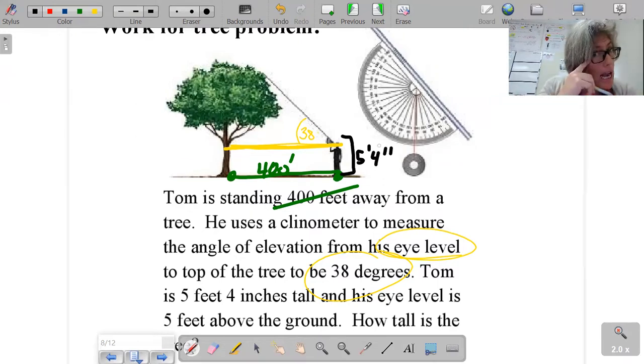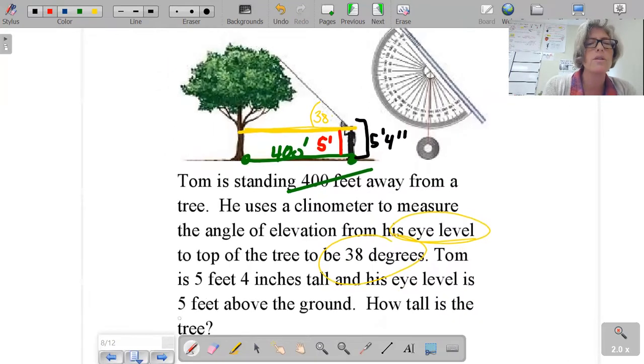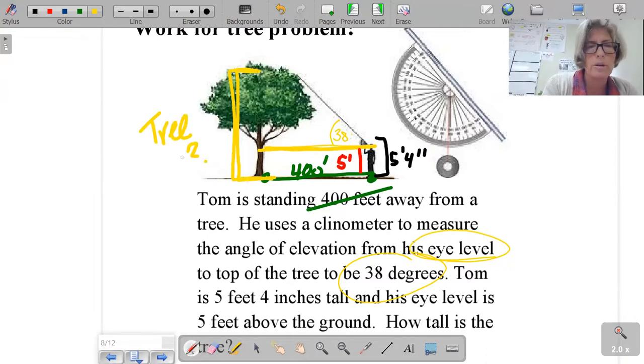But his eye height right here is 5 feet off the ground. And we're being asked, how tall is the tree? So our ultimate ambition is to find the entire height of the tree. So I'm just going to write tree question mark.